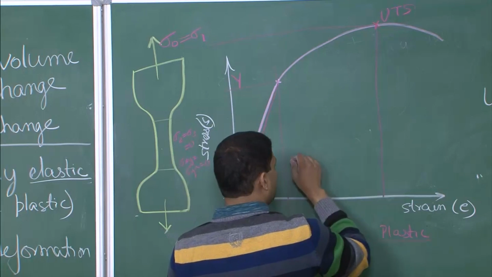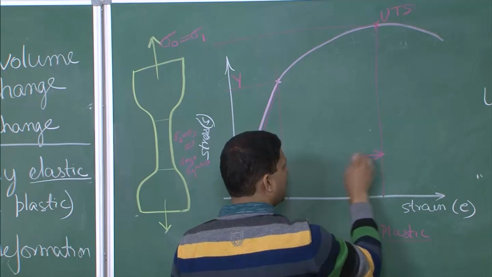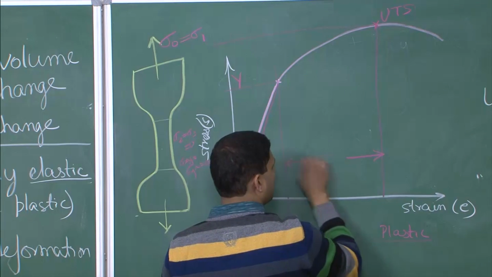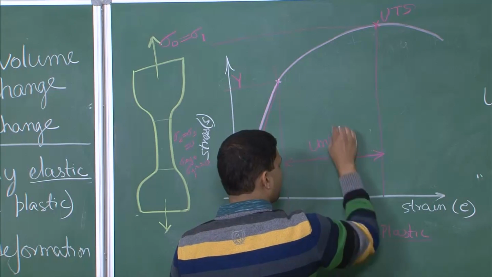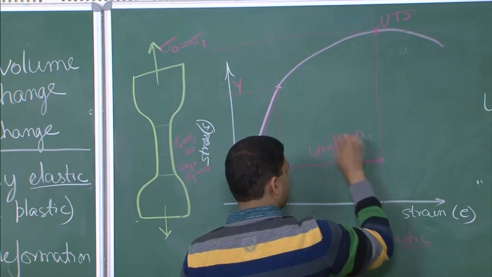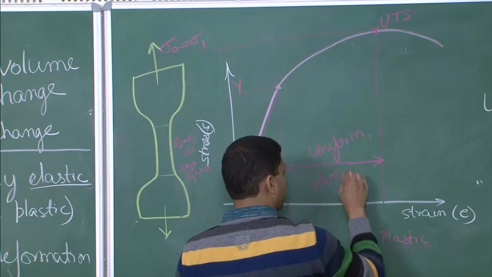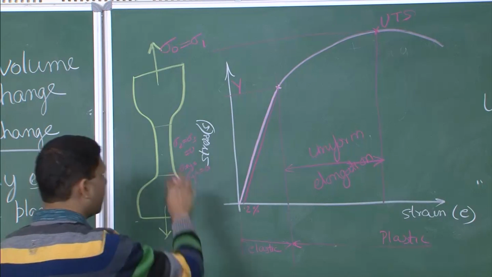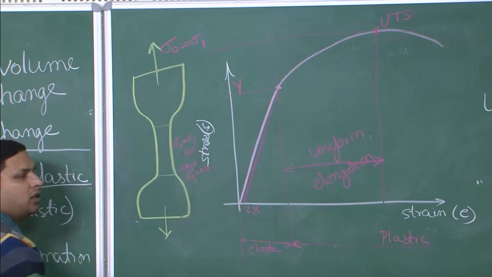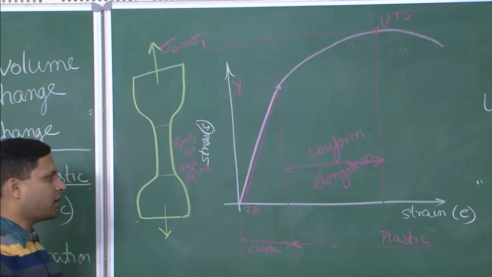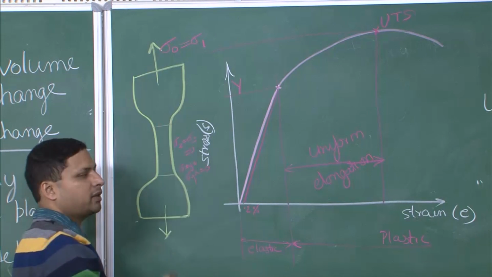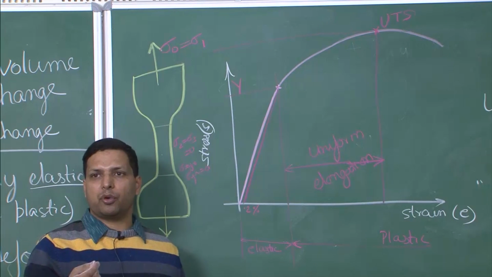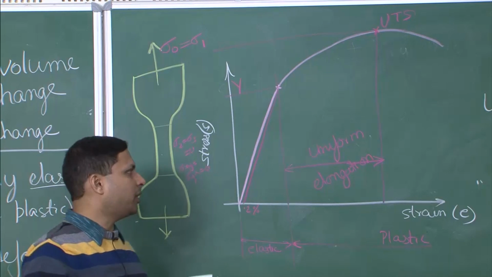Only up to this region do you get uniform elongation. If you were stretching it, this is the gauge length onto which you have applied the stress. So, this whole region is getting elongated uniformly. At each and every point the strain is constant or similar.